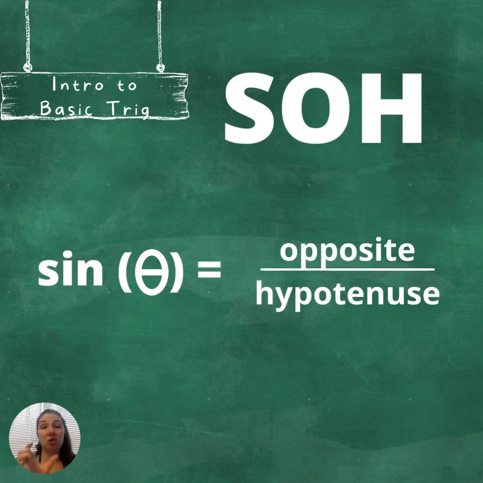So let's focus on sine, the S. The sine of an angle, which I'm representing by theta here, is equal to the opposite side over the hypotenuse. Theta is representing an angle. So the structure is sine of an angle equals opposite over hypotenuse.